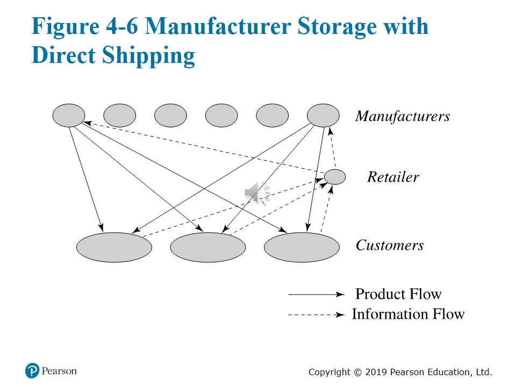So we have the manufacturer, the retailer, and customers. Customers place orders to retailers. They don't place orders directly to manufacturers. They place orders to retailers, but they get the product directly from the manufacturer.